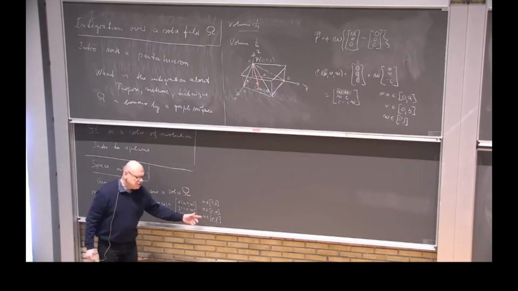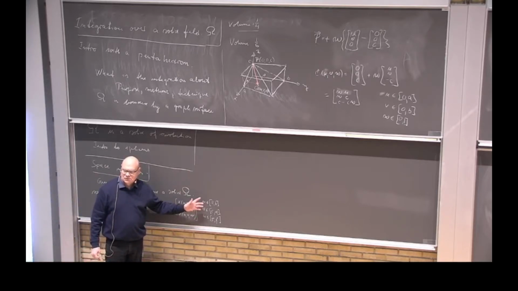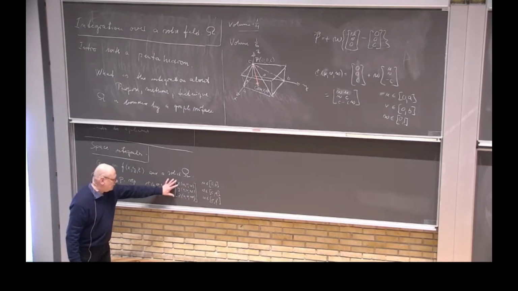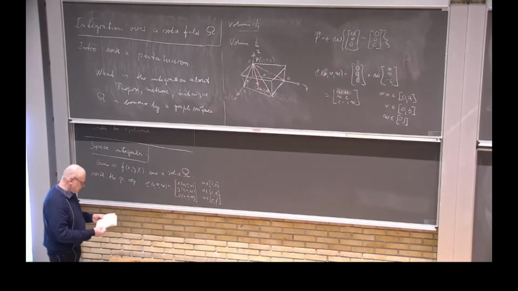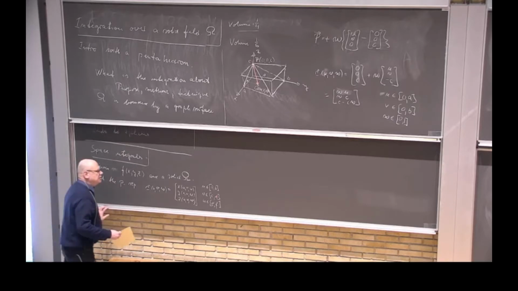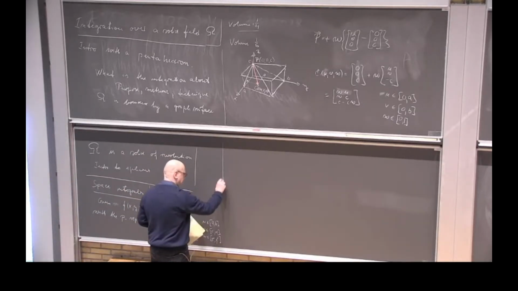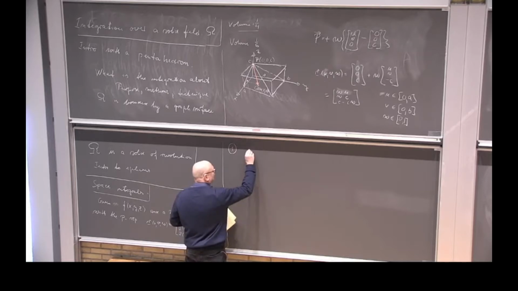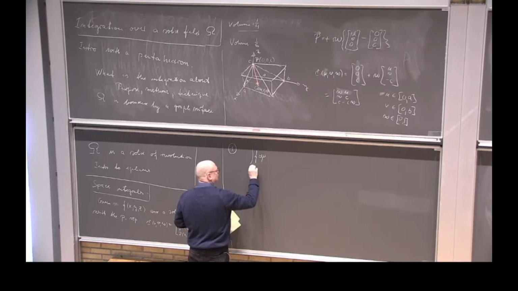So, in parameter space, you have a rectangular box. Then you have these 3 coordinate functions. And if you have this, then you can define the space integral in this way.